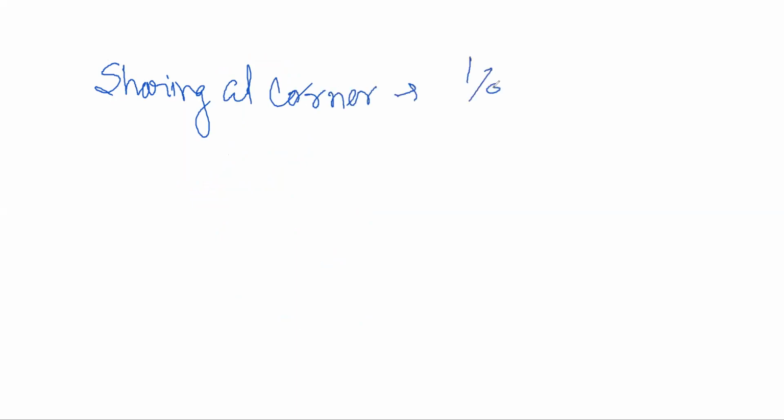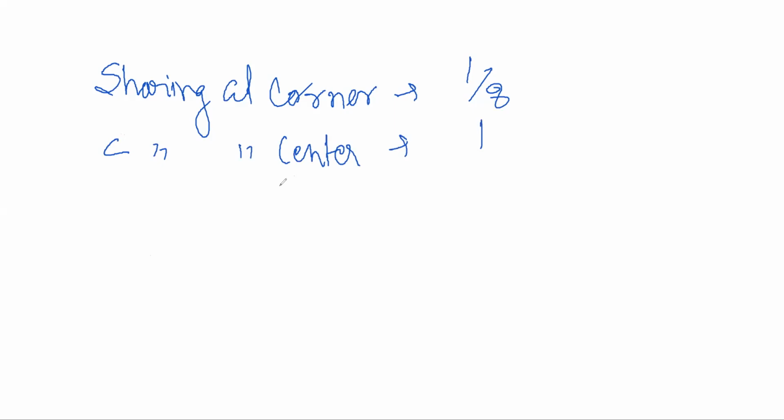So the basic thing, if you recall or remember, first of all, let's see, sharing at corners is 1/8 of each atom. That means one atom is shared by 8 cells, and sharing at the center is complete one.